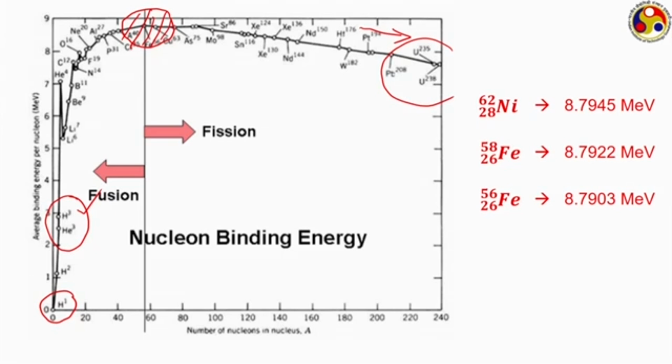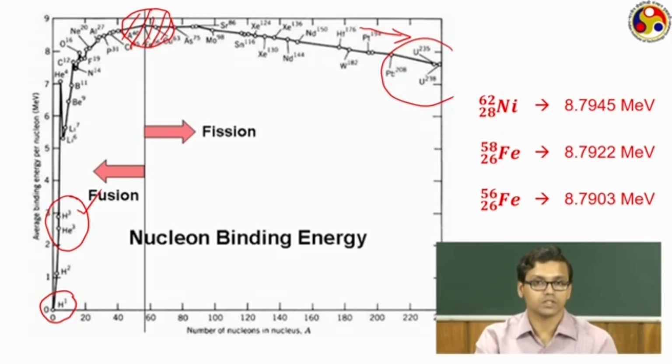Elements which have a mass number quite higher than 60, well beyond that value, undergo this fission kind of reaction, whereas elements which have a mass number much lower than 60 go through the fusion reaction. Fusion refers to two lighter nuclei combining together to form a heavier nucleus. Therefore, deuterium, tritium, helium 3, etc., these lighter nuclei are most likely to undergo fusion.